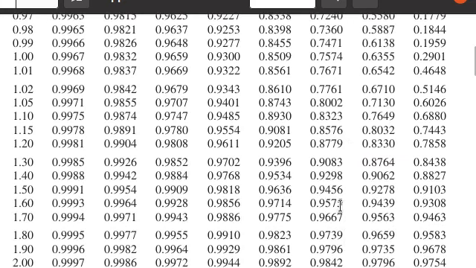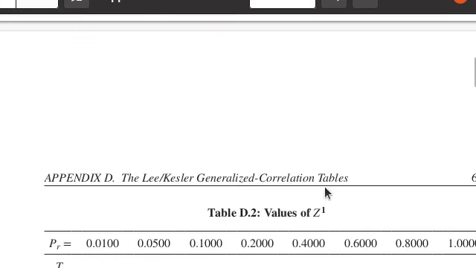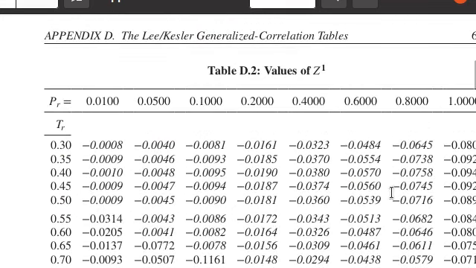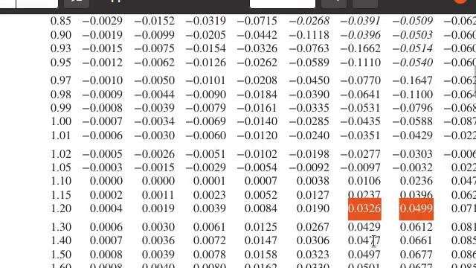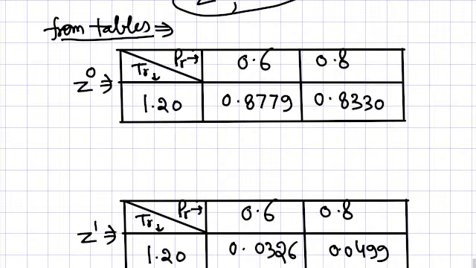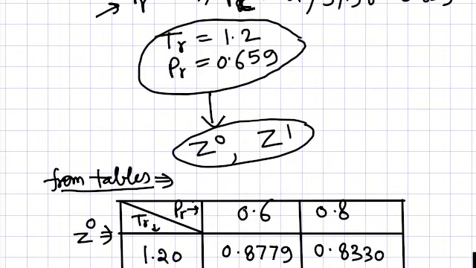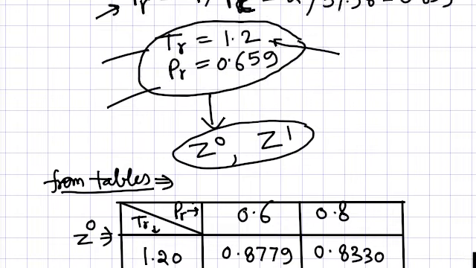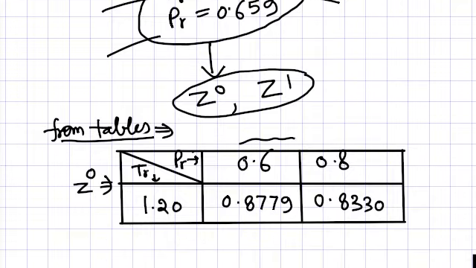And the same way you can do for Z1, where also the reduced temperature will be 1.20, and these two values, 0.6 and 0.8, will be taken, and in between we have to find the value. So I have noted down this data from the table, and our reduced temperature is matching, so we don't need to interpolate for that. We will interpolate only for these values.